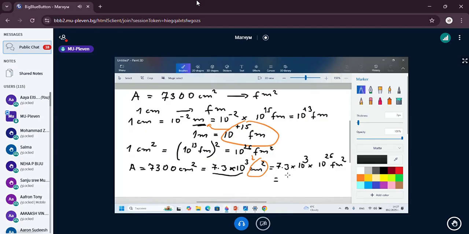So thus the final result is 7.3 times 10 power 29 femtometers squared. So this symbol is not well located. Let me write it properly in between the numbers. And this is the answer.